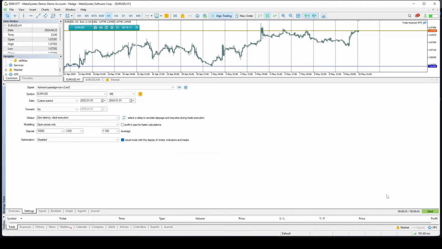Okay, so I'm going to click on the start button, and then it is going to run over the last 1 year from this date to this date.